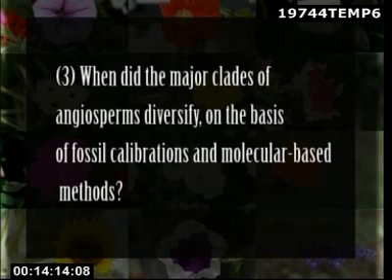Fossil discoveries and analysis of existing data have made significant contributions to our understanding of the possible ancestors of flowering plants as well as to the early diversification of angiosperms. Third question is: when did the major clades of angiosperms diversify on the basis of fossil calibrations and molecular based methods?